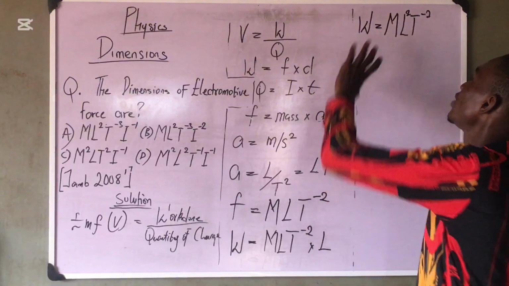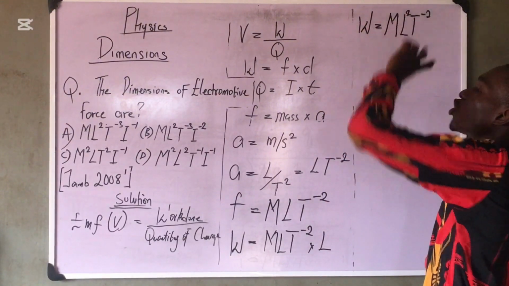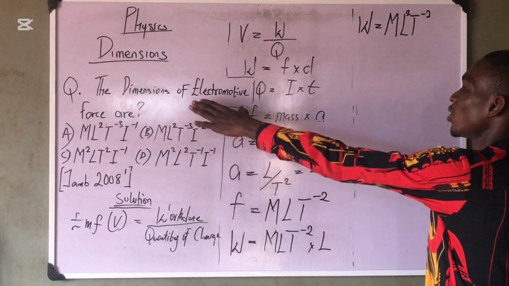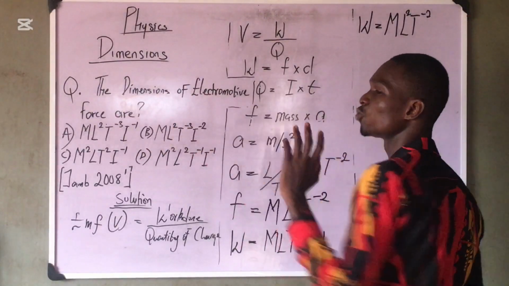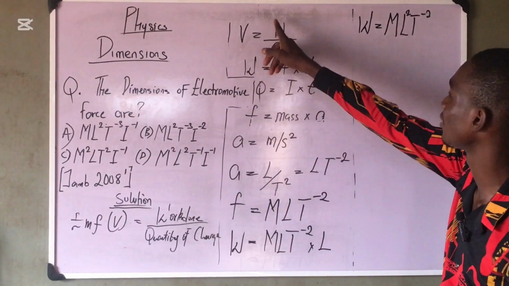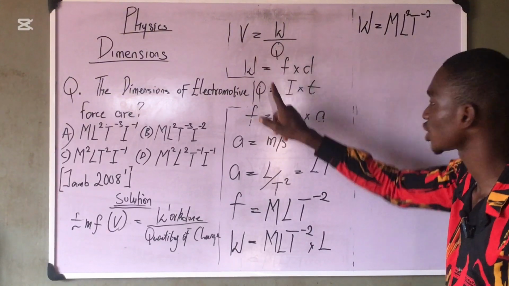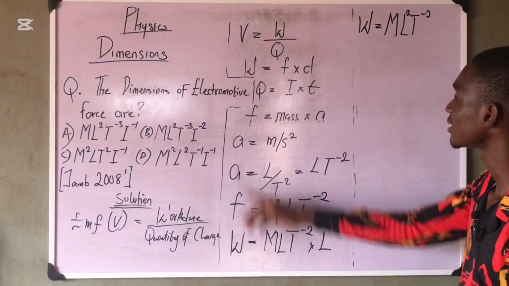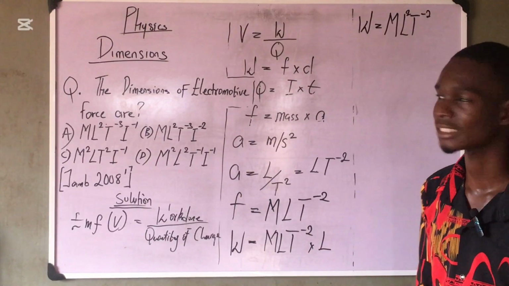Now, since we have gotten the dimension of work done, can we go to the electromotive force? From the question, electromotive force is what we are demanding for. And this is the work done. Charge is current times time. And I said, current is a fundamental quantity.